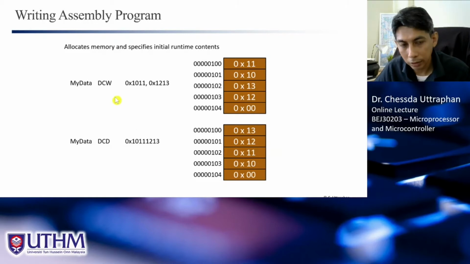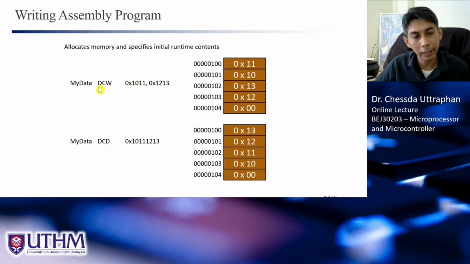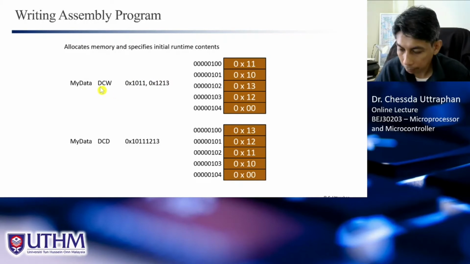And we can also define different sizes of data. For example, we want to define in half-word size. The command is dcw, not dch for half-word, but w. 1011 is the half-word size in hexadecimal.